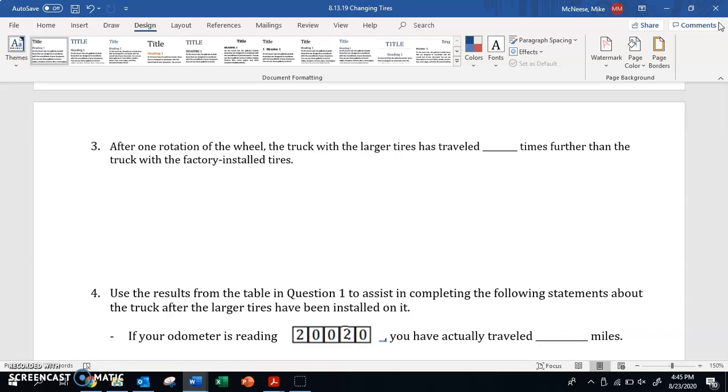So I can just divide the new tire circumference by the old tire circumference. If you divide these out, you would get 1.19. This is what's going to be called our scale factor. We usually represent our scale factor with the letter K, so K in this case is equal to 1.19.